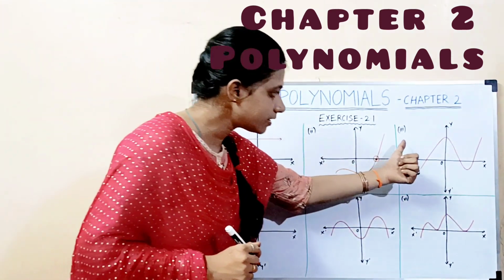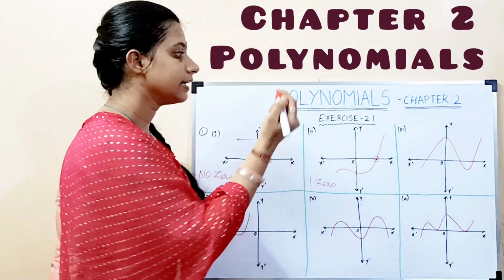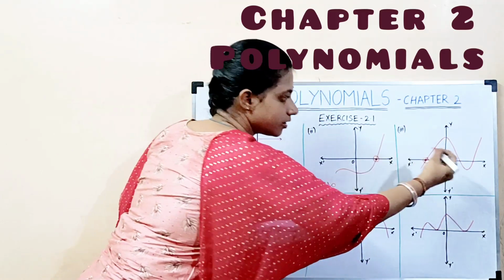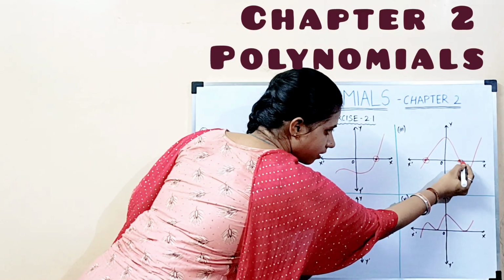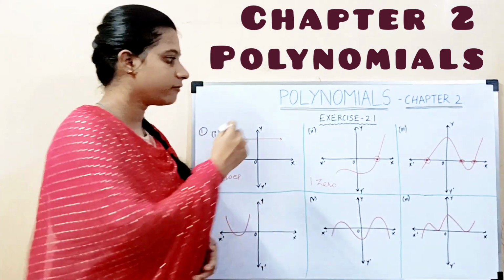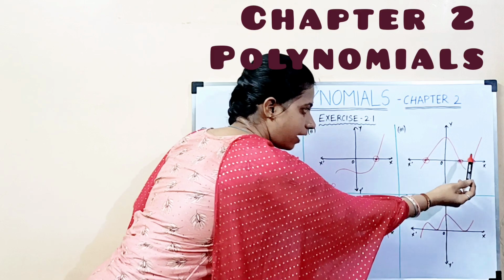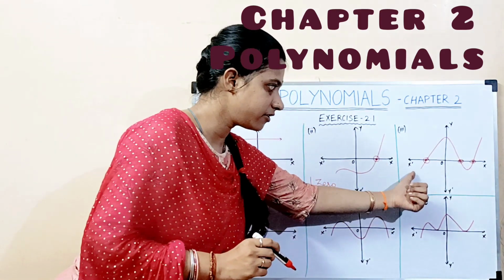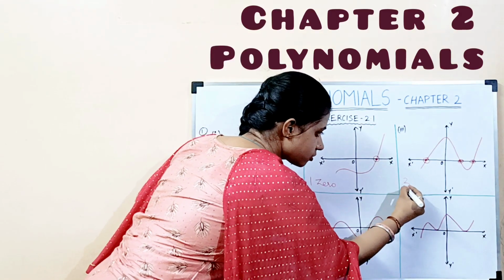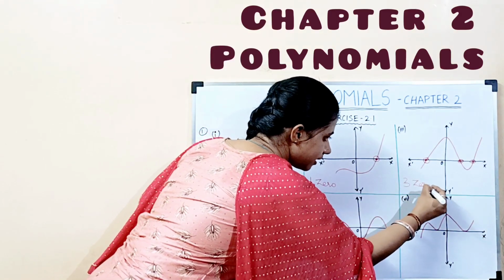Now coming to the third subdivision, we can see that this graph intersects the x-axis at this point, this one and also this. So we can see that 1, 2 and 3. In this third subdivision, the given graph intersects the x-axis at 3 points. So it contains 3 zeros.